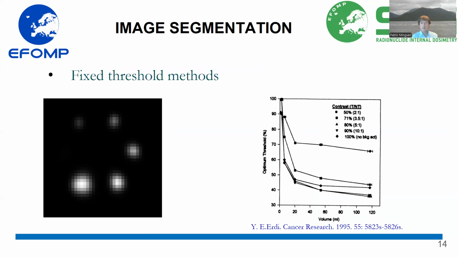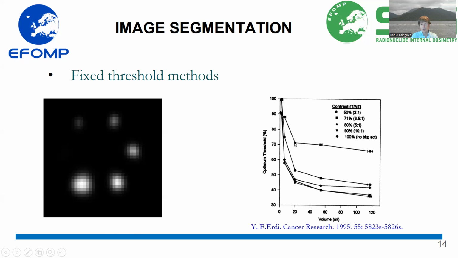The simplest methods are the fixed threshold methods. In this way, we would just use a threshold, for instance, of 42% or 40% to delineate the volume, in this case the volume of the sphere. But we have to adapt this threshold value to our gamma camera with some measurements of the spheres.